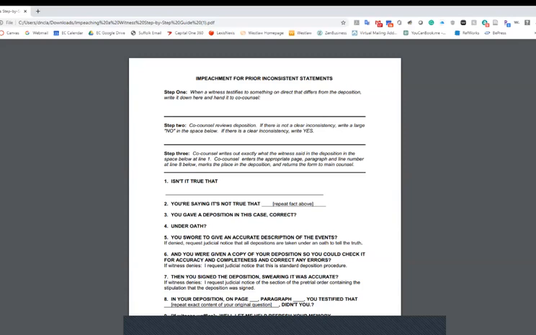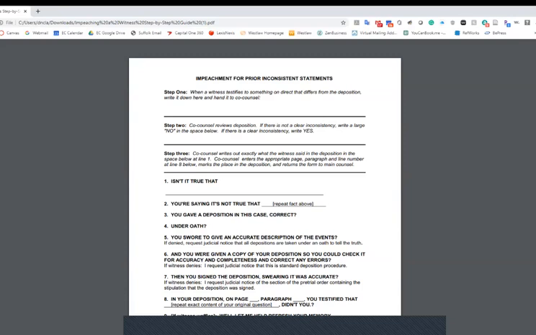And if there's a clear inconsistency, write yes. Then step 3, co-counsel writes out exactly what the witness said in the space below at line 1. Co-counsel enters the appropriate page, paragraph, and line number at line 8 below, and marks the place in the deposition and returns the form to main counsel.